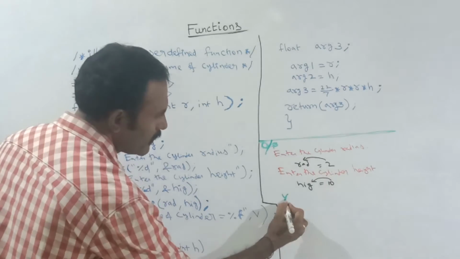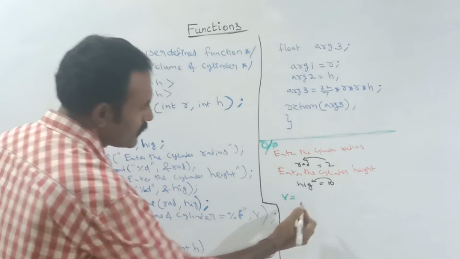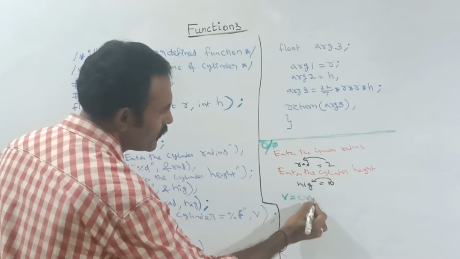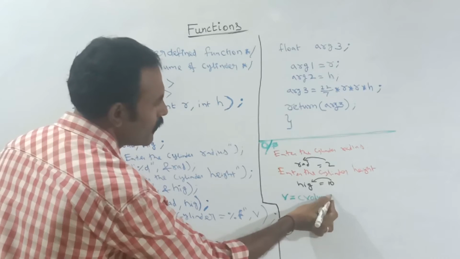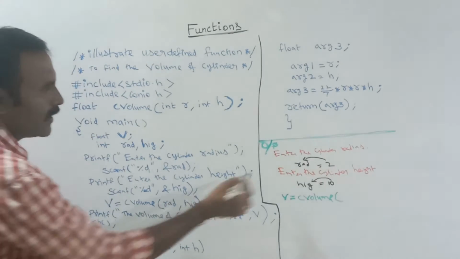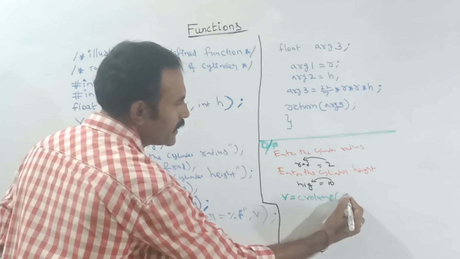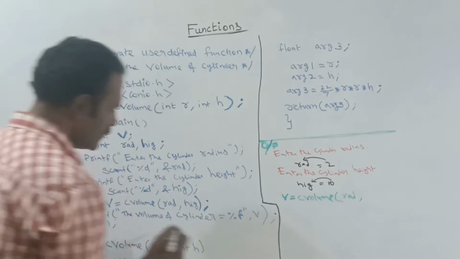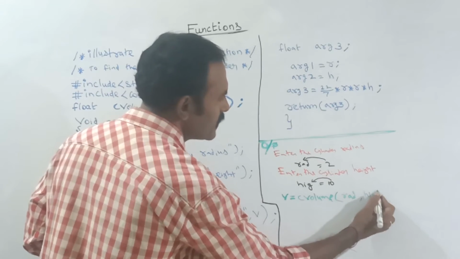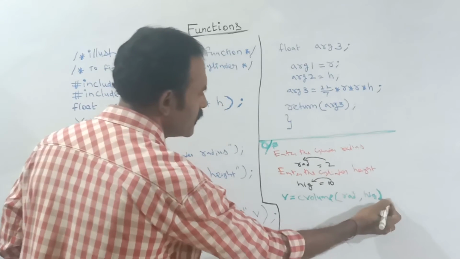B is equal to, here I am calling the function C volume, and I am passing the values RAD and HIG. Whatever value is inside the HIG variable is passed here.